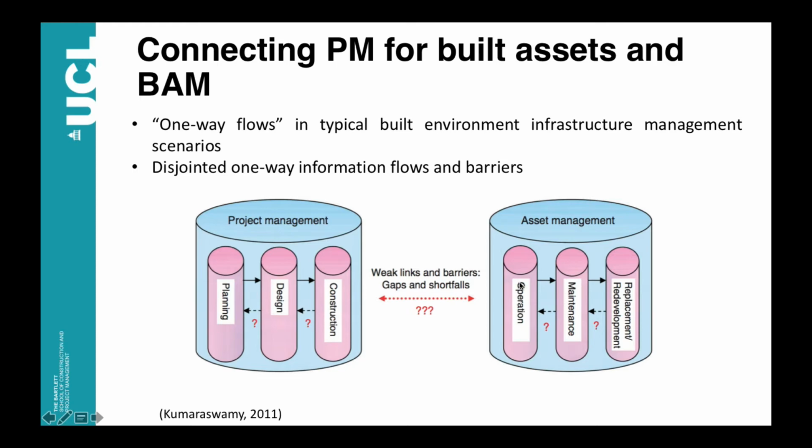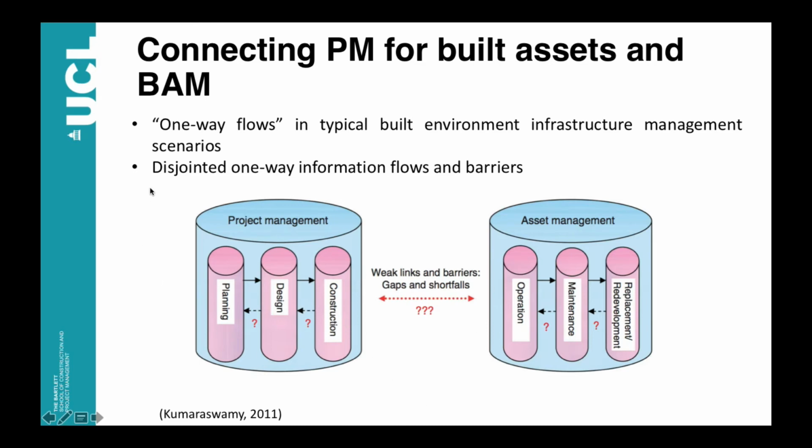But also in asset management, we follow this linear process: operation, maintenance, and replacement, redevelopment. However, we don't have this flow, understanding the lessons learned and the connection between the different stages.